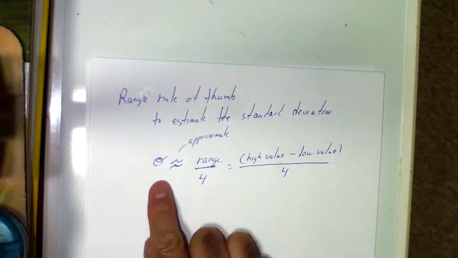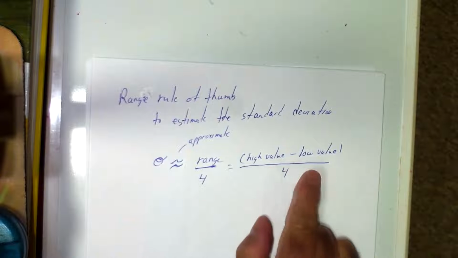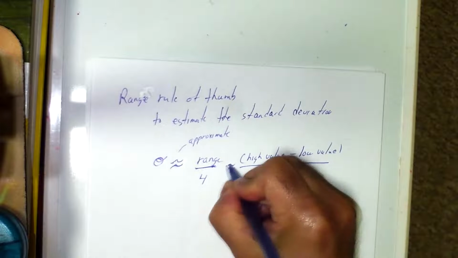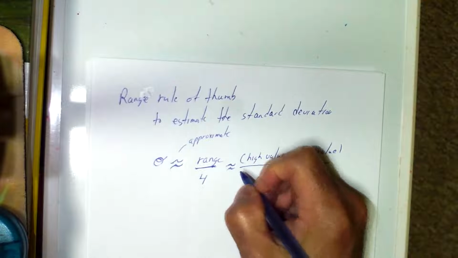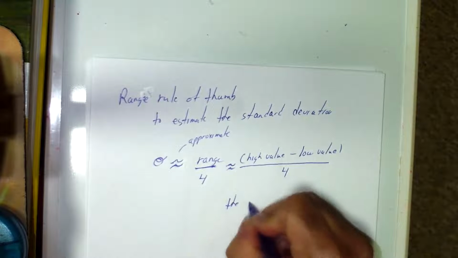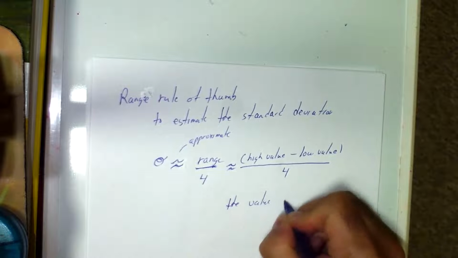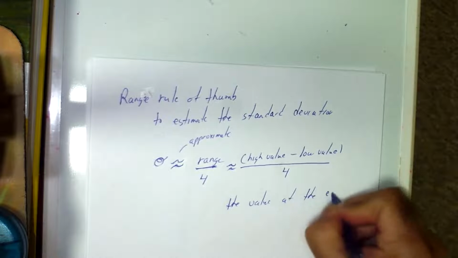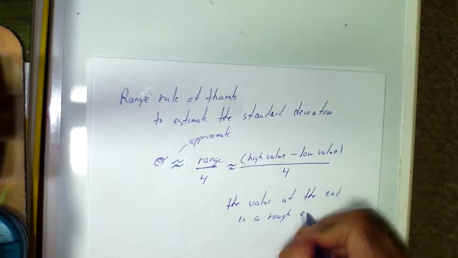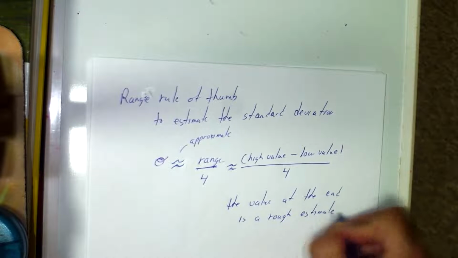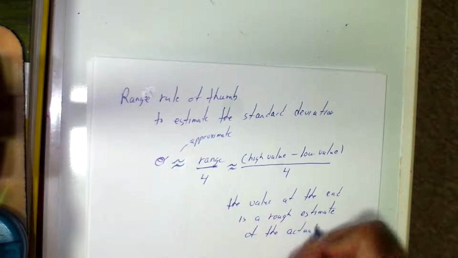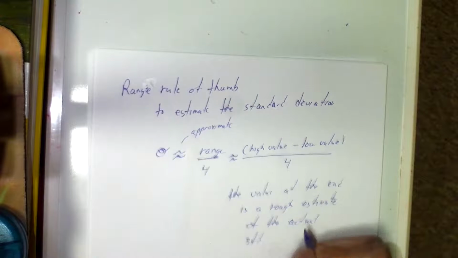So that's the formula that you would use to approximate the standard deviation. If you are stranded and you only know the high and the low value, you can approximate it by that. So it is a rough estimation. It's not precise. The value at the end is a rough estimate of the actual standard deviation.